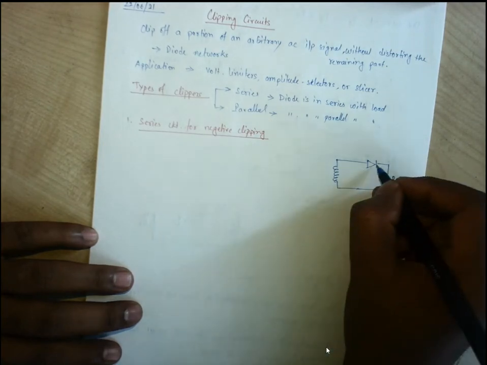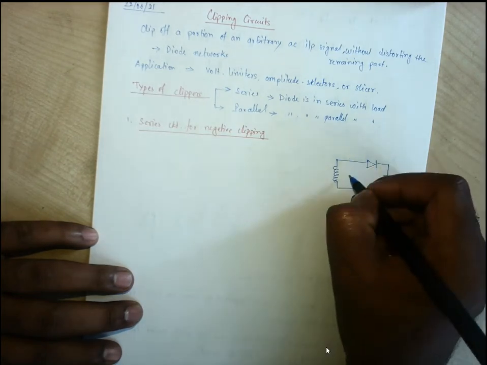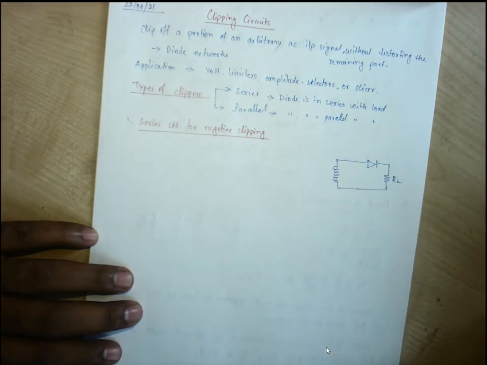Now this circuit is working solely due to this AC input, right? But if somehow we introduce a DC input in the middle, then what will happen? Obviously some change will occur.